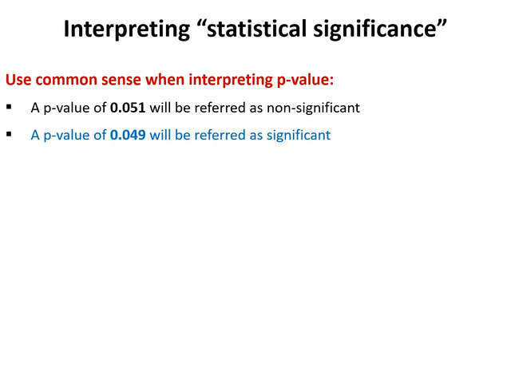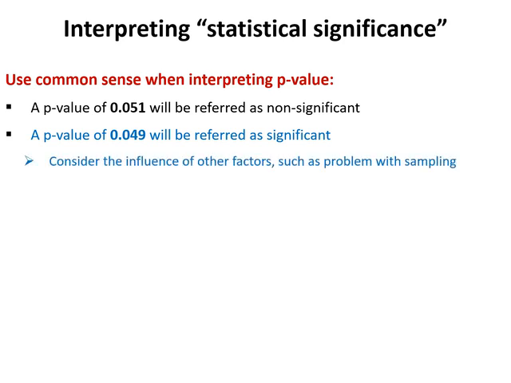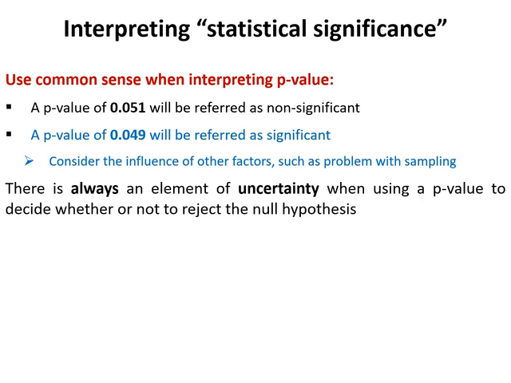So, what is the difference between these two values? Consider that you may have some problems or other factors, like a problem in sampling. Therefore, you always have an element of uncertainty in your p-value.